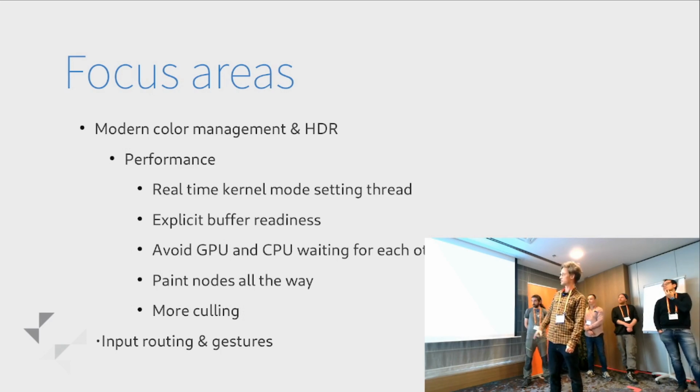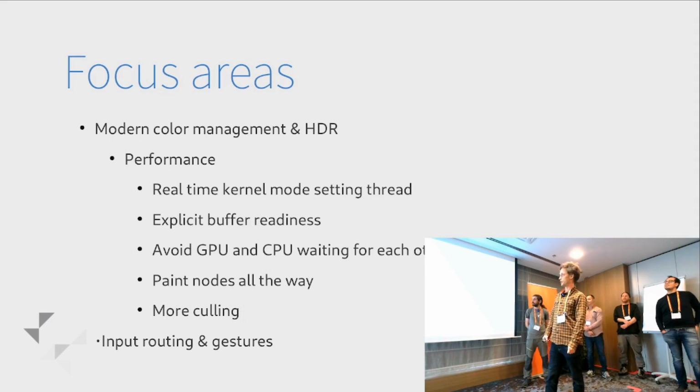Tied to this is something that there's no good name for, but I would say maybe explicit buffer readiness. Some backstory to this. In OpenGL on Linux, when you render using OpenGL, the application creates a pipeline that is then pushed to the renderer, the GPU, and then before it's ready, the compositor gets told about the buffer, and then it's used in the compositor's pipeline to draw, and then the compositor pushes it away to the kernel, but it doesn't necessarily mean that it's ready to be presented on the screen.